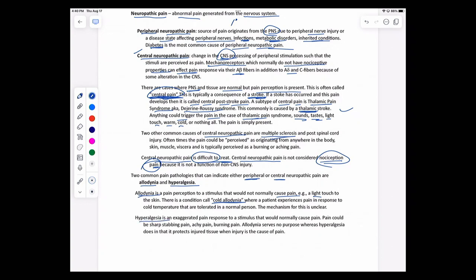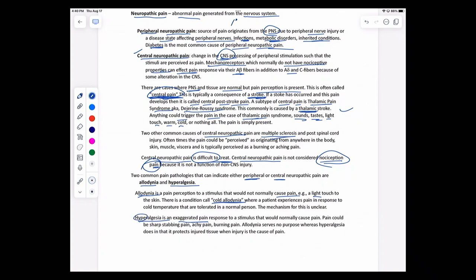Another term is hyperalgesia. Hyperalgesia is where you're doing something to tissue that normally causes pain, but the pain is exaggerated. I'm doing something to you and it causes pain, but the pain is much more intense than it would normally be, hence the word hyper.